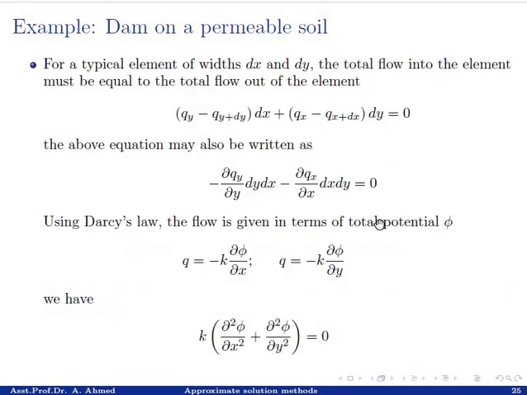So for the typical element, the total flow into the element must be equal to the total outflow, and the sum of all these flows, that is into the element plus out of the element, must be equal to 0 for equilibrium.